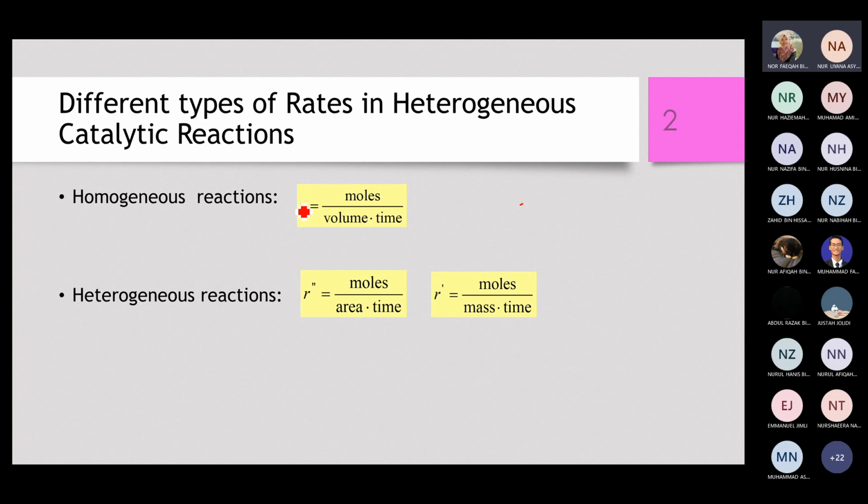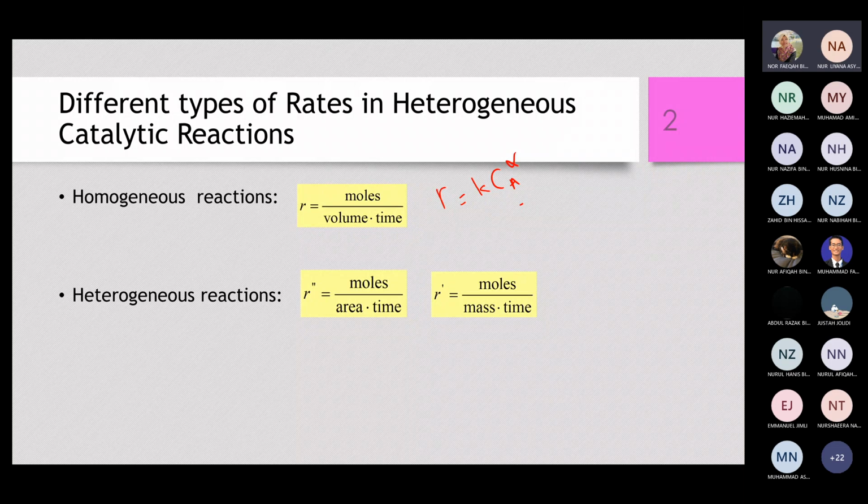So the unit of rate reaction is moles per volume per time. Because r equals k Ca to the power of alpha. Okay, so the unit of k depends on the order of reaction. Okay, so that's why rate reaction is equal to moles per volume per time.